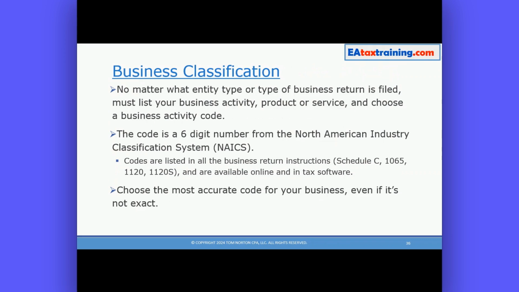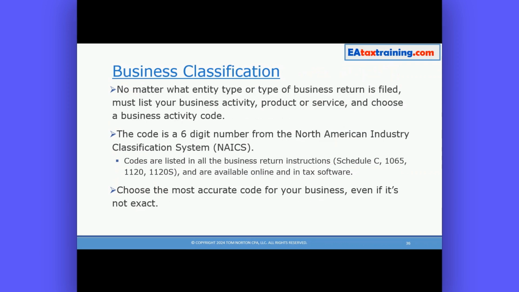It is a 6-digit number from the North American Industry Classification System, or NAICS. These codes are listed in all of the business return instructions for Schedule C, for Form 1065 for partnerships, for Form 1120 or 1120S for corporations. They are all in the instructions, so you can just look there and pick your code.